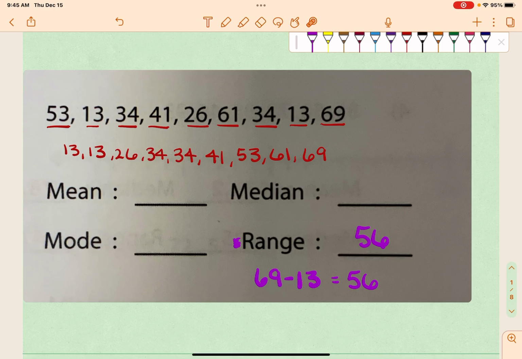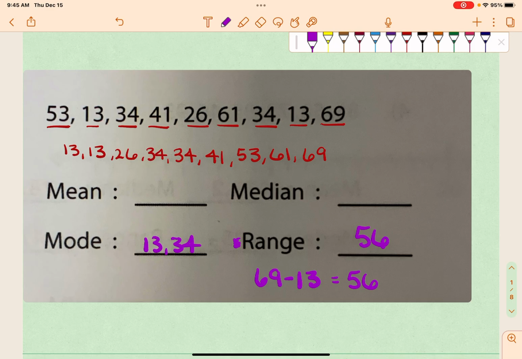The most anything repeats in this list is twice. It is 13 and 34. They both happen twice, so those two are going to be the mode. Most of the time there's only one mode, but this happens to have two because they both repeat twice.